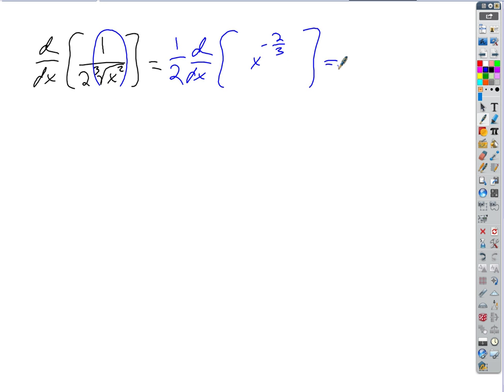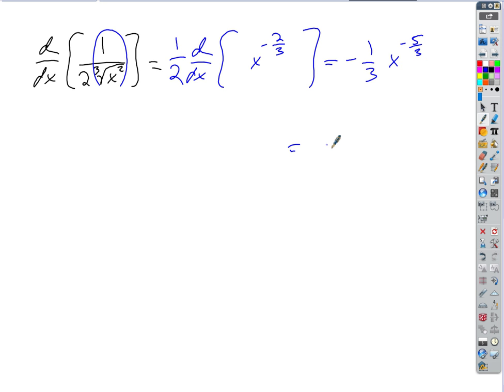So what's our answer going to be then? I'm going to get negative 2/3 times 1/2, which is negative 1/3, times x to the negative 5/3. Negative 2/3 minus 3/3, minus 1, would be negative 5/3.